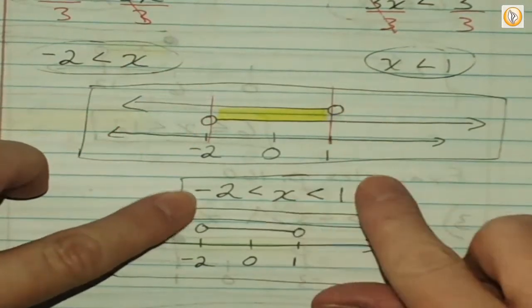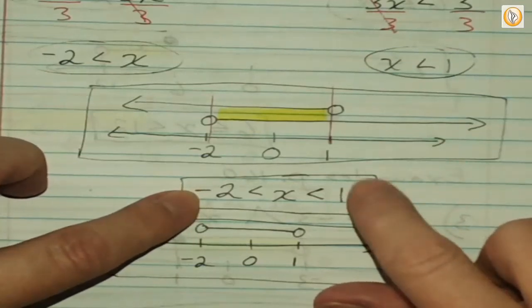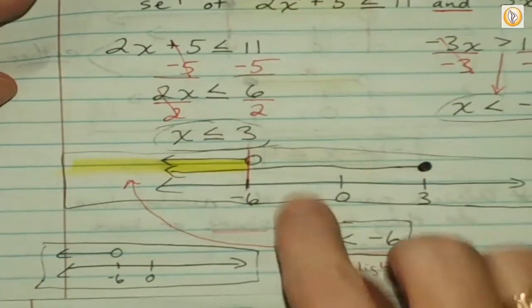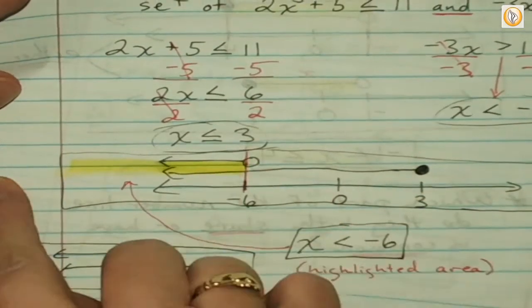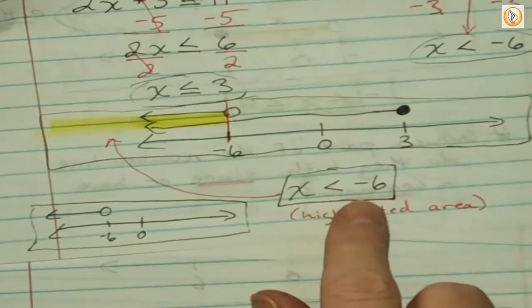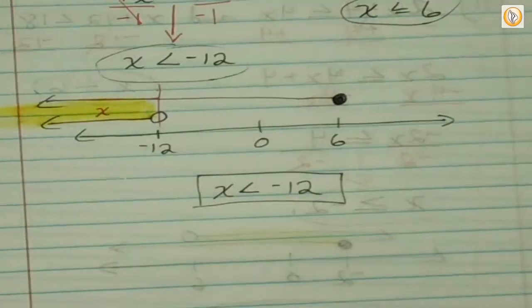Therefore, x is any number in between negative 2 and 1. So if they go the same way, then you're only going to have one answer. That's right. So, like this one right here, it only is negative 6 and then on, so then x is less than negative 6. Good question.